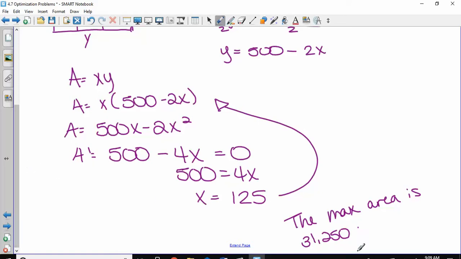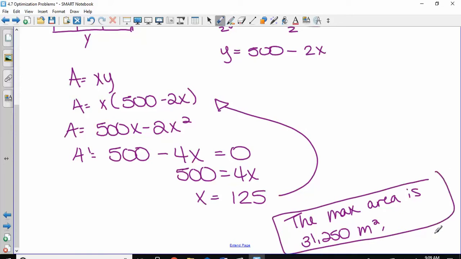Were we in meters? I think square meters. All right, so the picture was a little bit different, but the idea was the same then. We had a rectangle, area of a rectangle, length times width. Do your derivative. Are we okay with that problem?